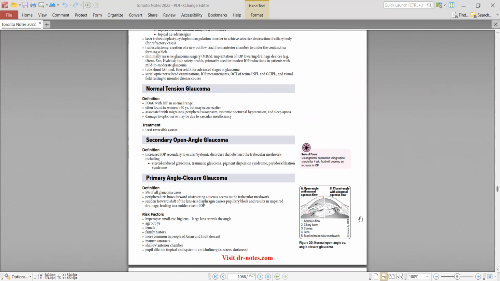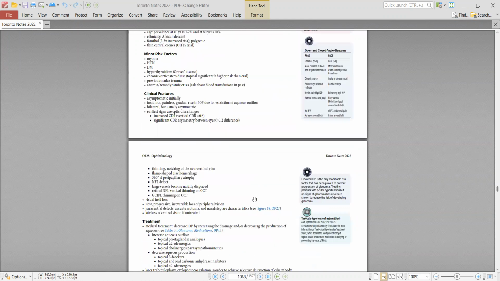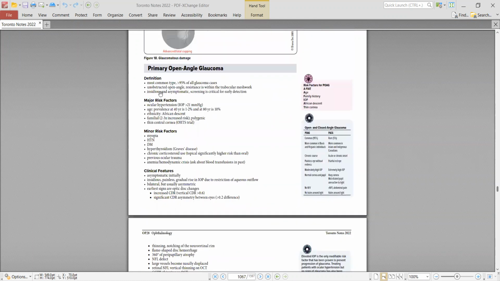The fluid in the eye, the aqueous, goes from here and here, and gets absorbed from this side. The angle is open, with nothing obstructing it, but there is still glaucoma. It is insidious and asymptomatic, so screening is critical for early detection.